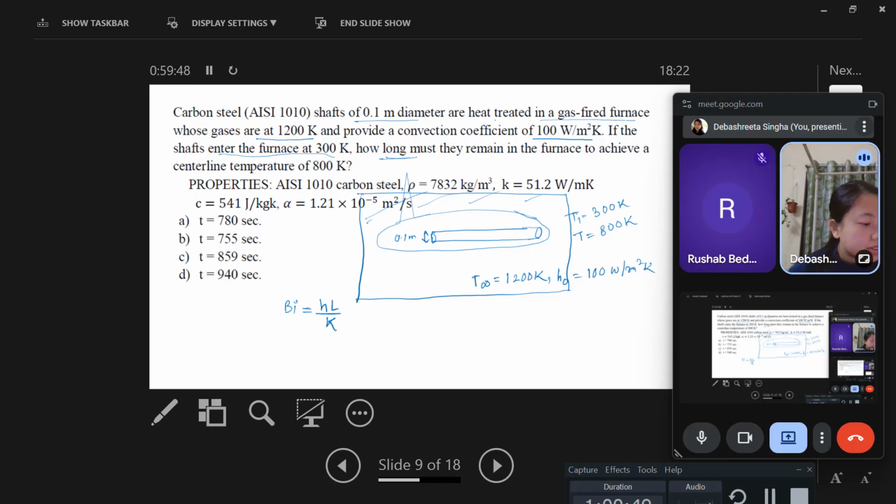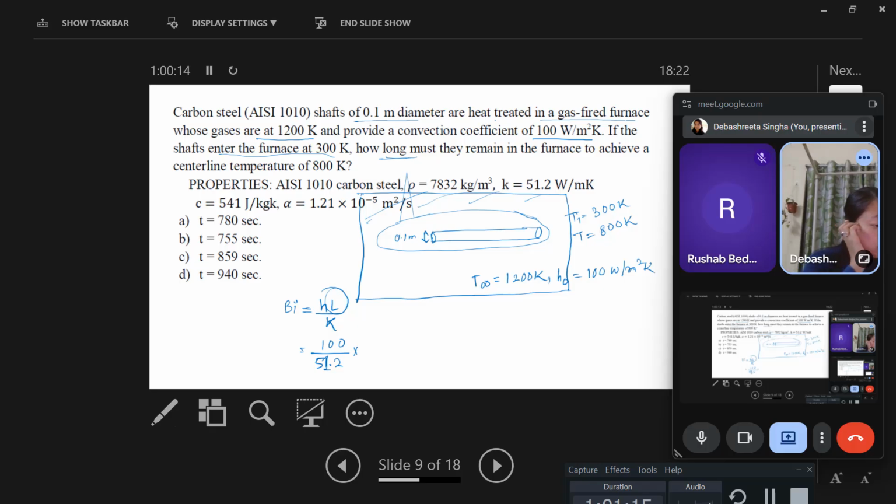So Bi is given as hL by k. Do you know what is this L? h is 100, k is given as 51.2 watt per meter Kelvin.